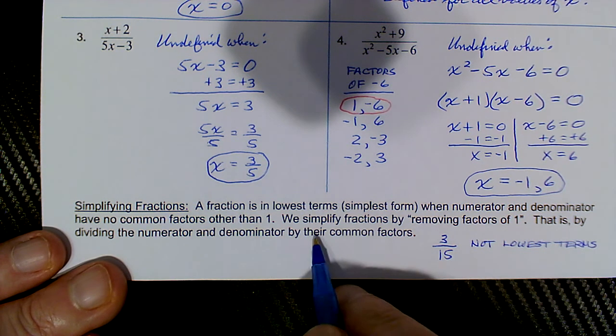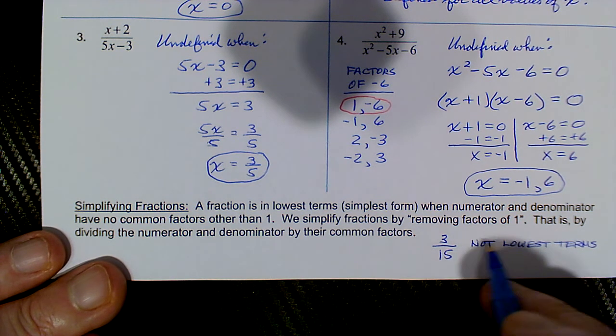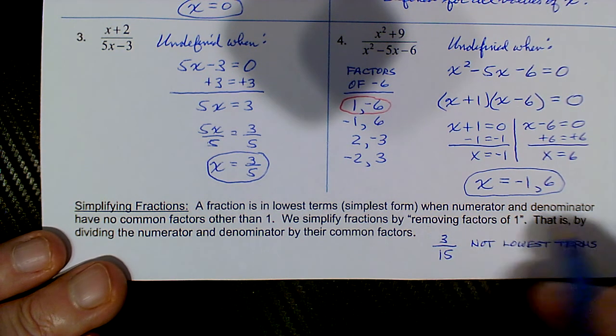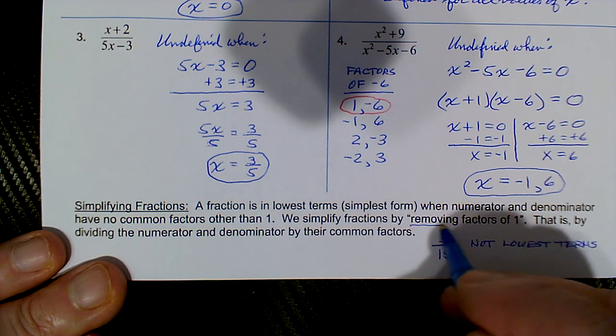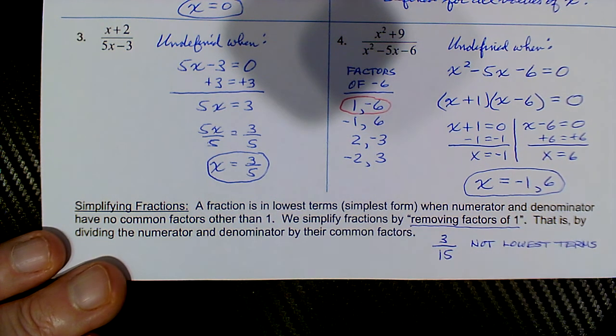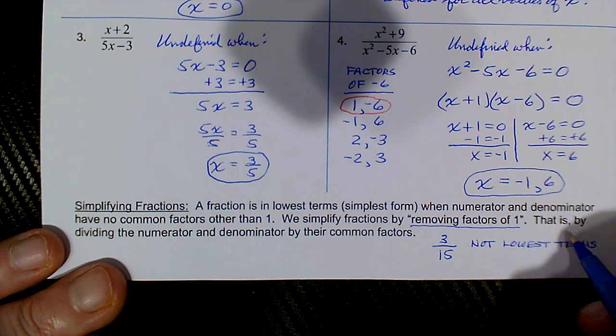So that's a formal way to go about reducing fractions. Some people don't like to use the term reduce, but that is what we do, is we divide the numerator and the denominator by their common factors.